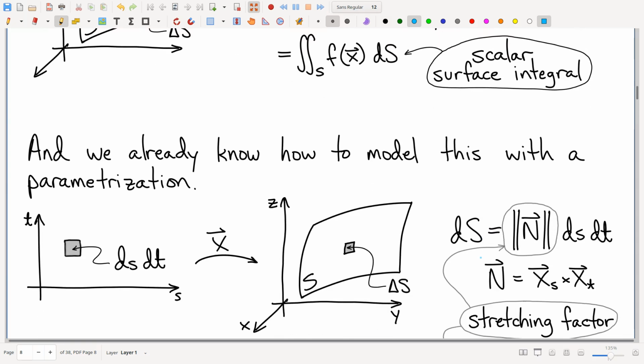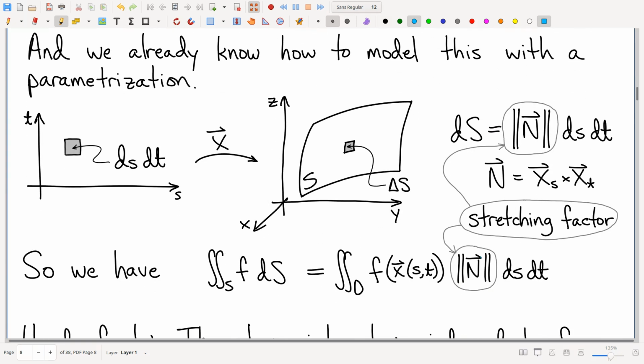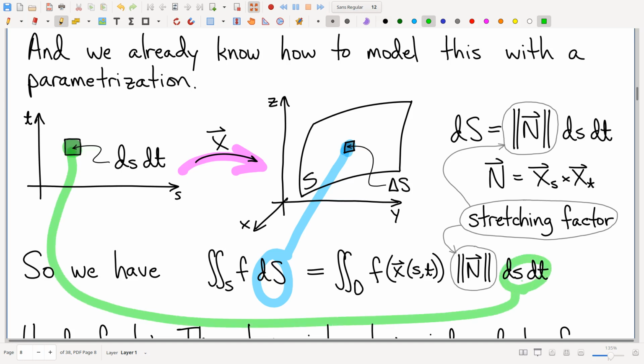Okay, how do we compute these things? Good news, we already know. Because we've already talked about parametrizing a surface, right? And in doing such a parametrization, we've talked about how little pieces of area of the surface relate to little pieces of area in the pullback. And we've talked about how the stretching factor that comes from the parametrization is what does that for us.